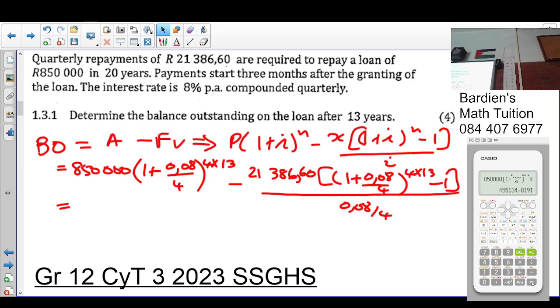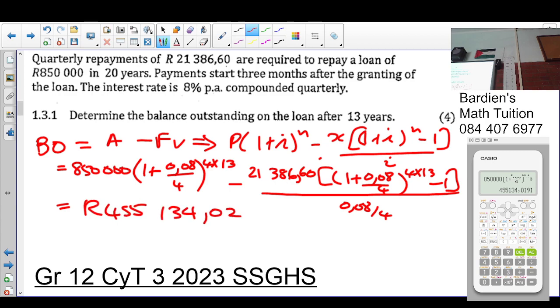That gives me a balance outstanding of 455,134 and 2 cents.